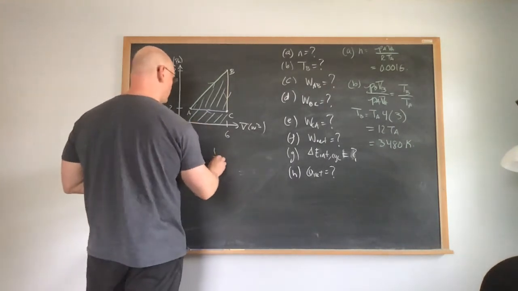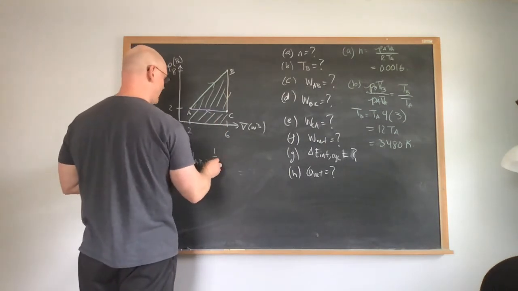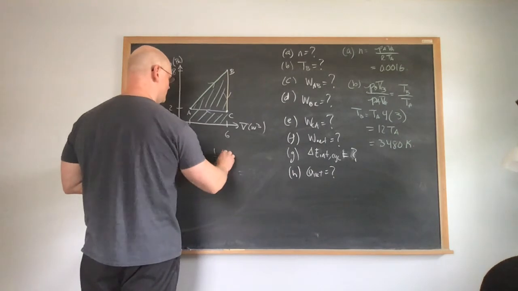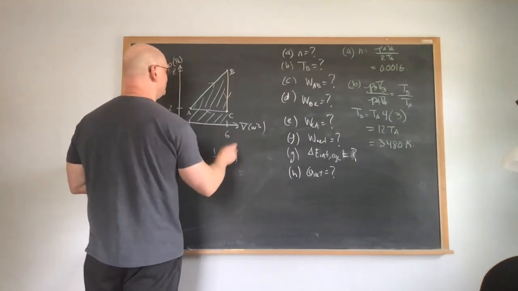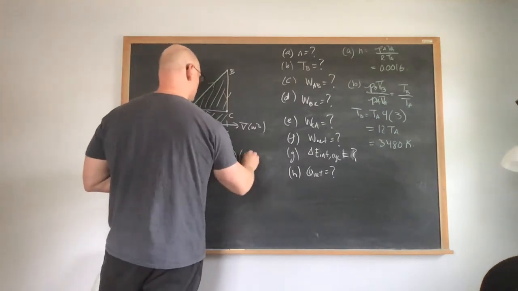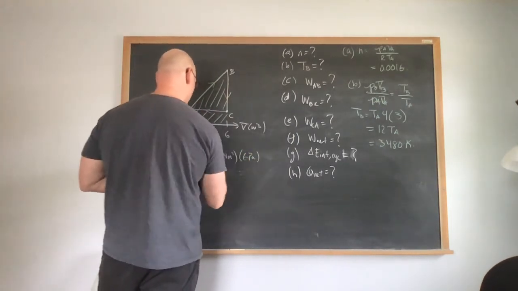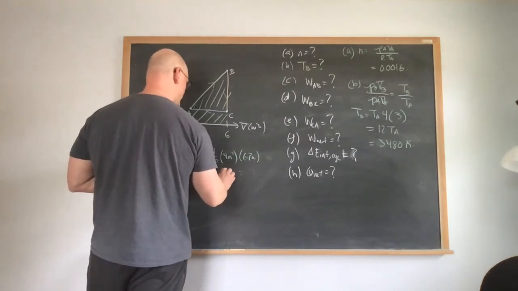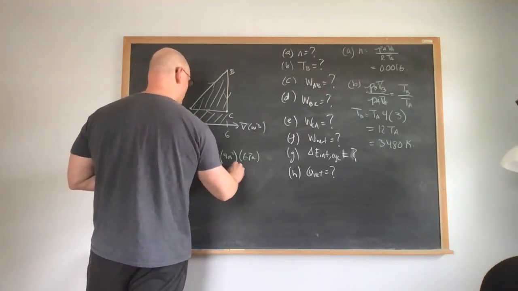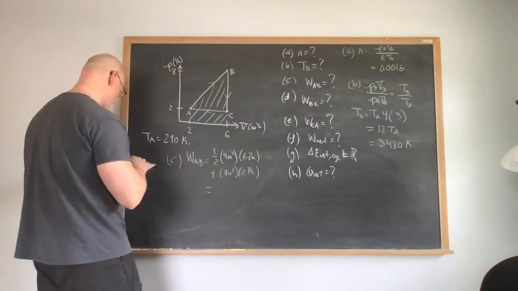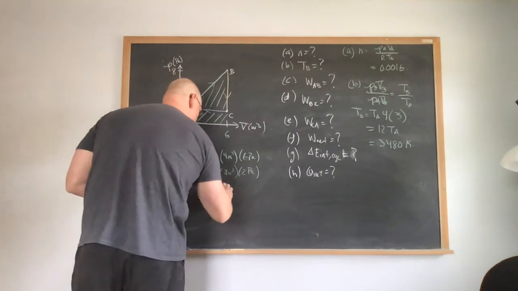So this is going to be 1/2 the base, which in this case is 4 meters cubed, times the height, which in this case is simply 6 pascals, plus the rectangle here. That's going to be 4 meters cubed as well times 2 pascals, which means the work going from there to there is going to be 20 joules.